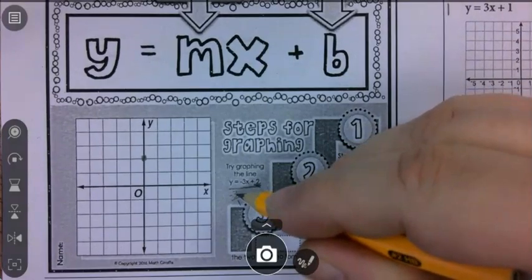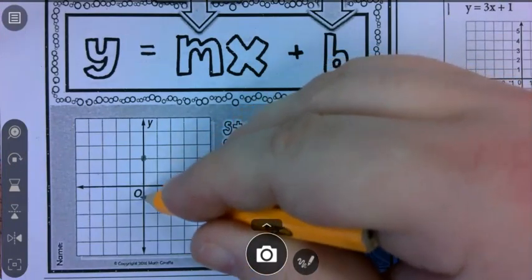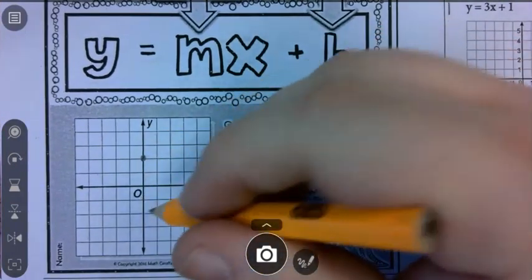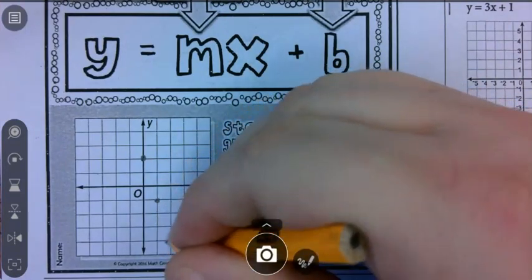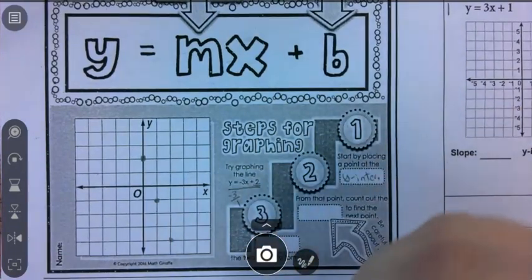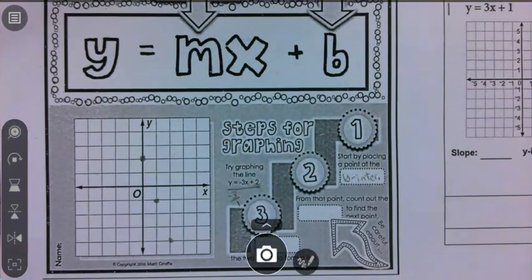So we're going to go down 3 from our starting point, which is the y-intercept. So 1, 2, 3, and then we're going to go over to the right by 1. 1, 2, 3 over 1. And we can do that and plot those points, and now we are ready to graph our line.